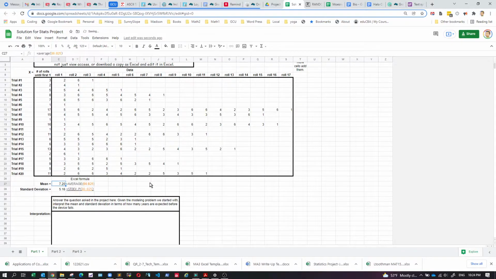So here we have our interpretation, and the interpretation here, if I can get in there and type, is going to be something like: we expect the device to fail at 7.2, basically plus or minus 5.16 years.